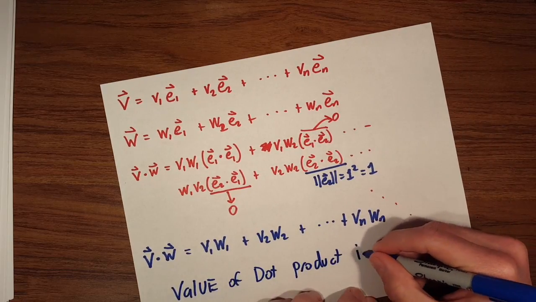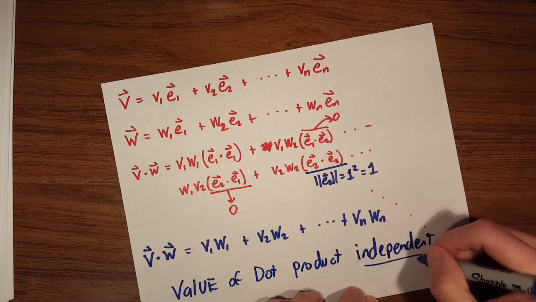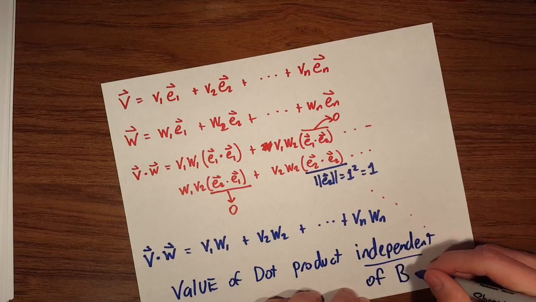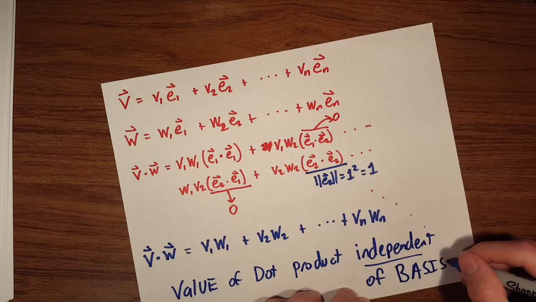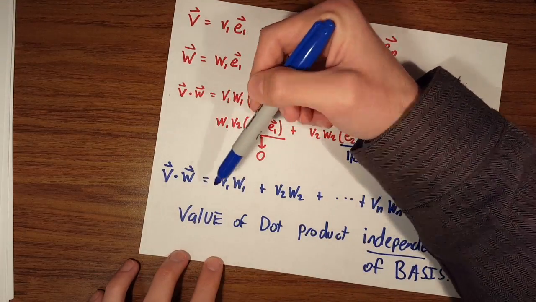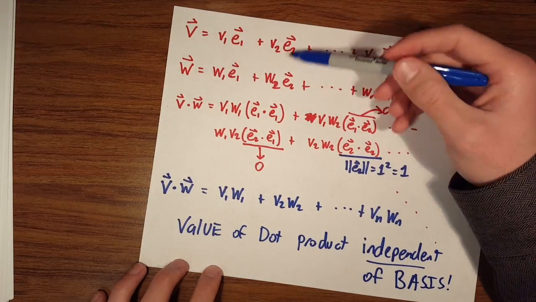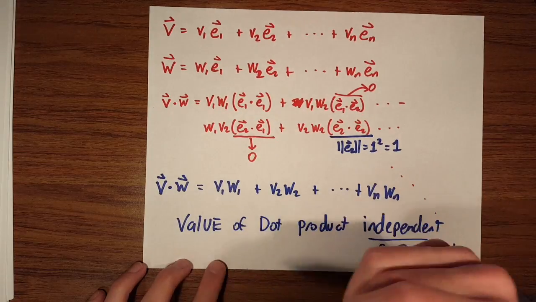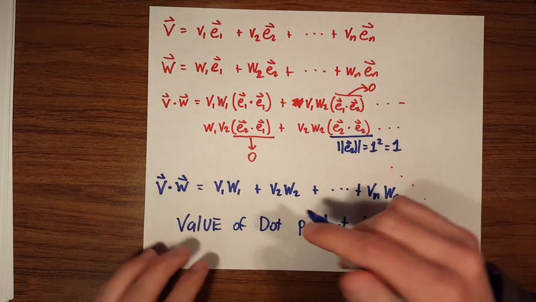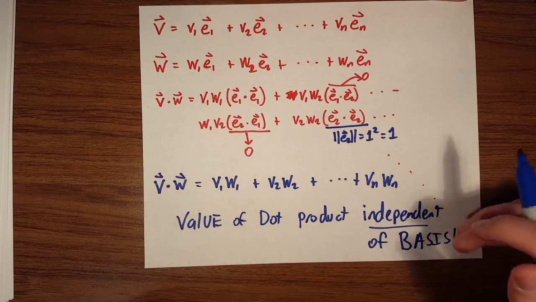Now, it's important to note that the value of the dot product is independent of the basis. This is an important point. This dot product doesn't depend on my choice of basis vectors for the vectors. They just have to be in the same basis, which is why we can work in an orthonormal basis and get the value using this simple formula and use it in whatever application.